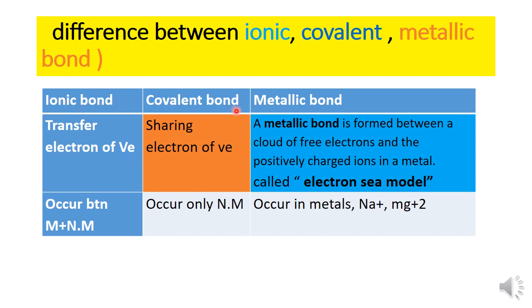In covalent there is a sharing of valence electrons, and it occurs between non-metals, whereas metallic bond is formed between a cloud of free electrons and the positive charged ions in metal, called the electron sea model. Examples occur in metals like sodium, magnesium, and so on.